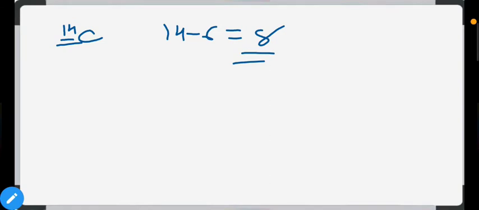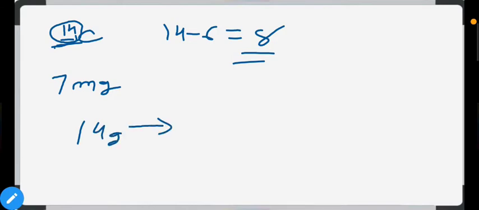So first of all you have to find the number of moles of carbon in 7 milligrams as mentioned in the question. Now as we know, the mass of carbon is 14, so we can say that 14 gram is equal to 1 mole of carbon, because it is its atomic weight. So what will be the number of moles in 7 milligrams? First of all we have to convert gram into milligram.